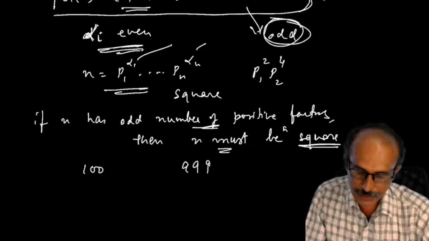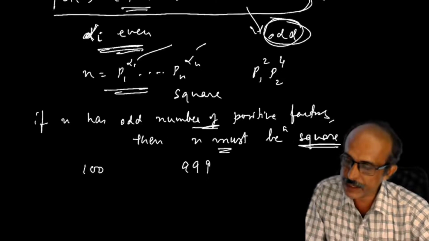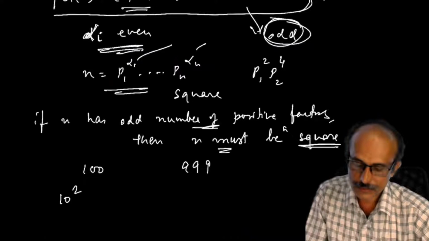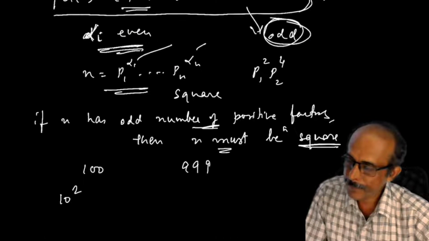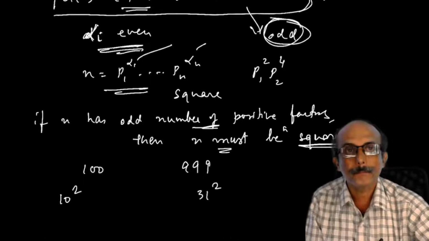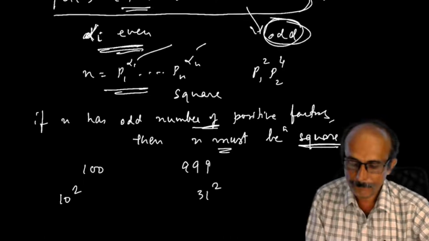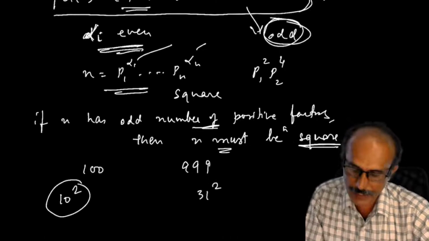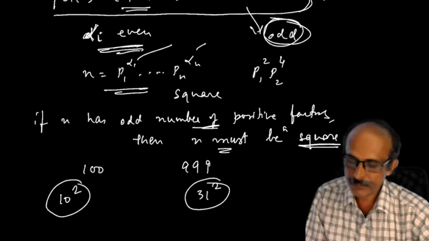So namely, you can see the squares starting with 10 square, right? The highest square will be 31 square, right? So this is the least square, this is the highest square.